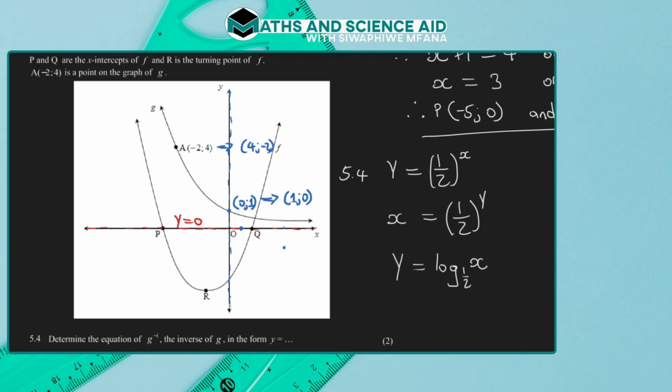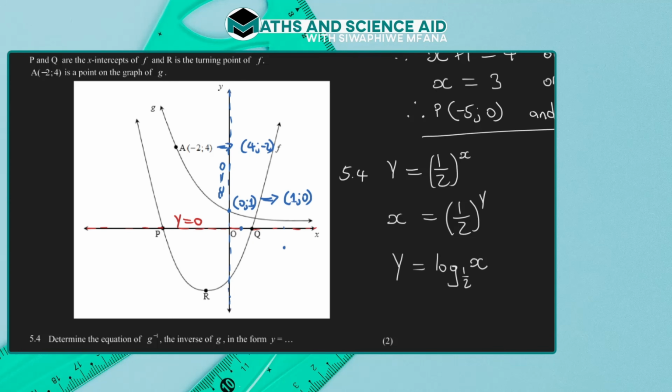Its value is still 0, but this time it's no longer y is equal to 0, it's x is equal to 0. And so with all of this information, we can now sketch the inverse of g.